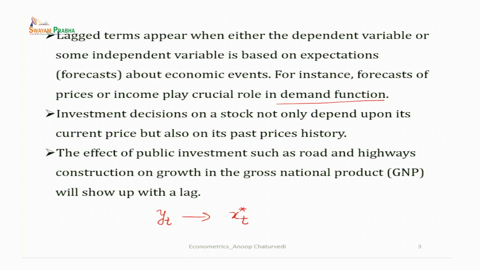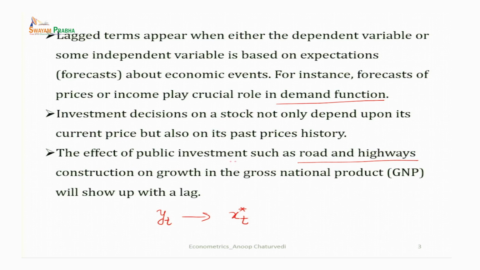So, suppose the government has decided to make a certain amount of investment in the infrastructure sector, say in road and highways construction or in electricity, etc. Then such kind of decisions, such kind of investments have impact on the GNP, but such kind of investment do not have immediate impact on GNP.